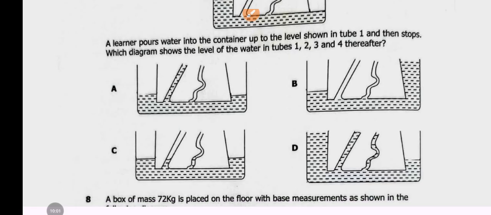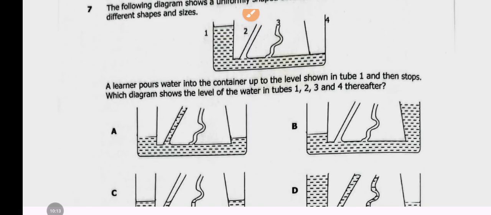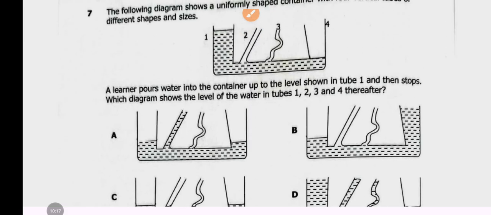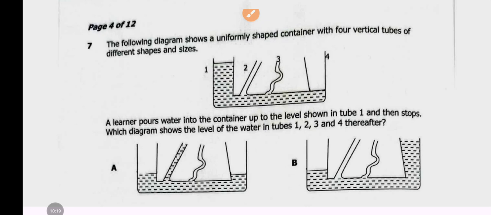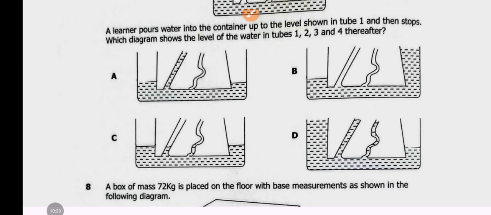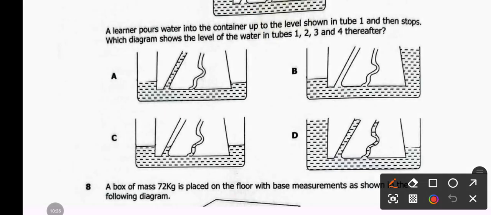What we should know is that the pressure is independent of the shape, right? So basically, what we should expect here when water is poured into the various segments of this whole entire beaker is that they should all be at the same level, right? So they should all be at the same level. What I mean is this.